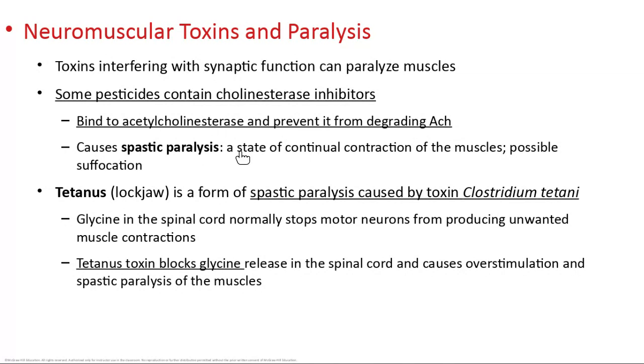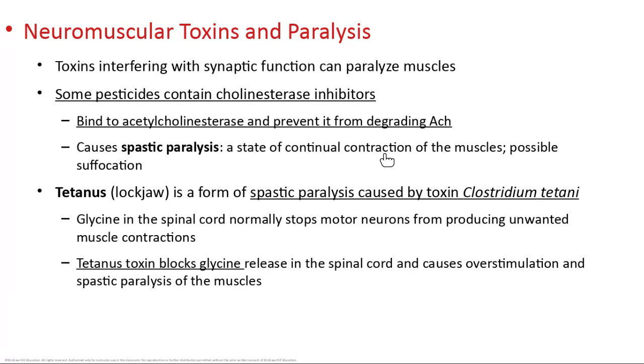Spastic paralysis is a continual contraction of muscle where you don't have a period of relaxation. That should make sense because if you keep on stimulating that muscle cell, like in the example of temporal summation, or wave summation, where you can have unfused tetanus or fused tetanus, we're having an increase in the frequency of activation of that muscle cell.